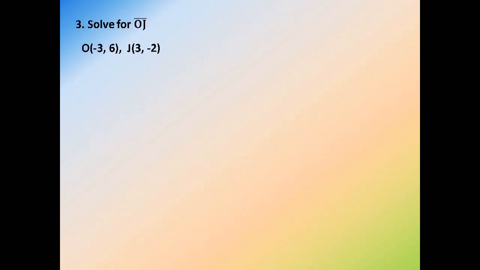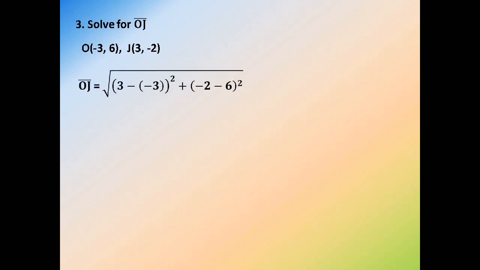And now, to solve for segment OJ, we're going to use the coordinates of O and J, which are (-3, 6) and (-3, -2). Applying the distance formula, segment OJ is equal to the square root of (3 minus -3) squared plus (-2 minus 6) squared.